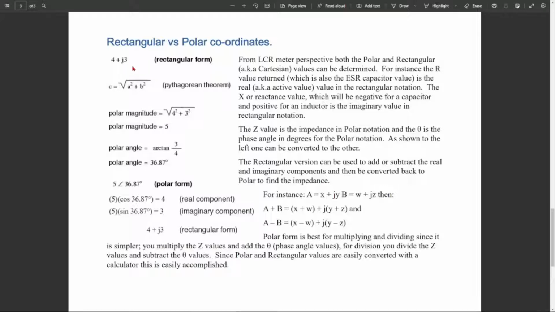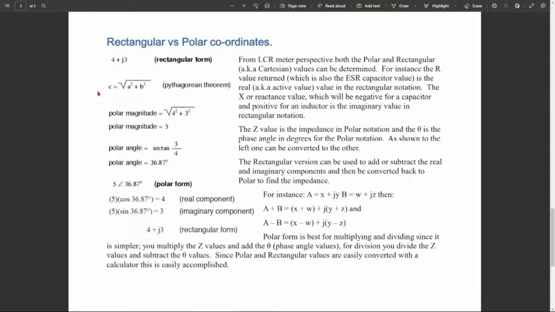I believe j actually means the square root of -1, but I'm not a mathematical person, so I only know how to use these things in a practical way. So the 4 would be the series resistance, and the 3 would be the reactance. In that case it's positive, so it would have to be an inductor as well.